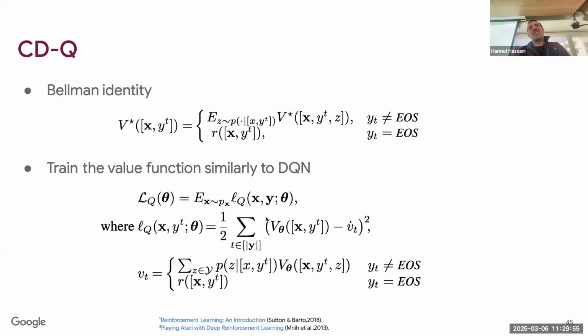But the exact same thing was done in 2013 for solving Atari games, and it worked out of the box. We took the same vanilla method, just one run, and it worked the first time we tried. Very simple, it worked.